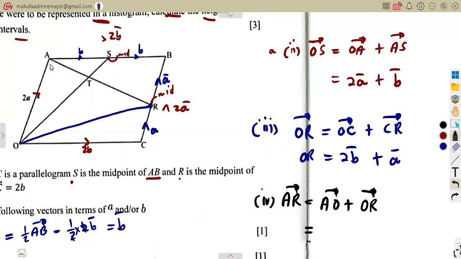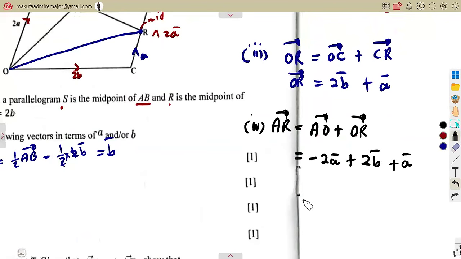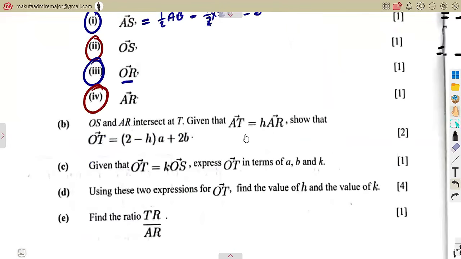From A to O, we are opposing the vector. That will be minus 2A plus OR, we already have this vector OR that we calculated, which is 2B plus A. Collect the like terms. We've got vector A, minus 2 plus 1, that is minus 1. So we've got minus A plus 2B. Just like that. So we've got our vector AR there.